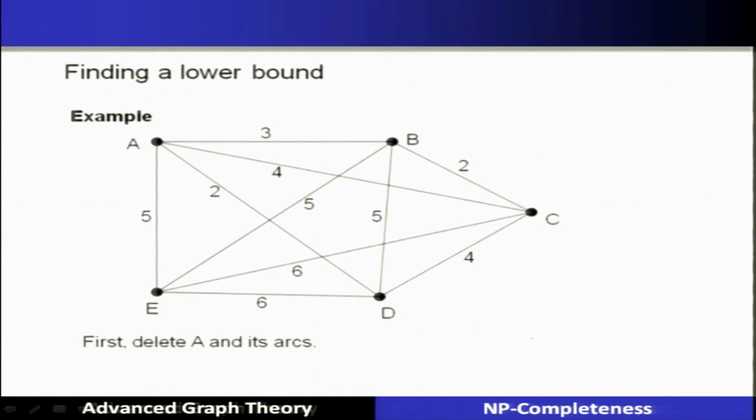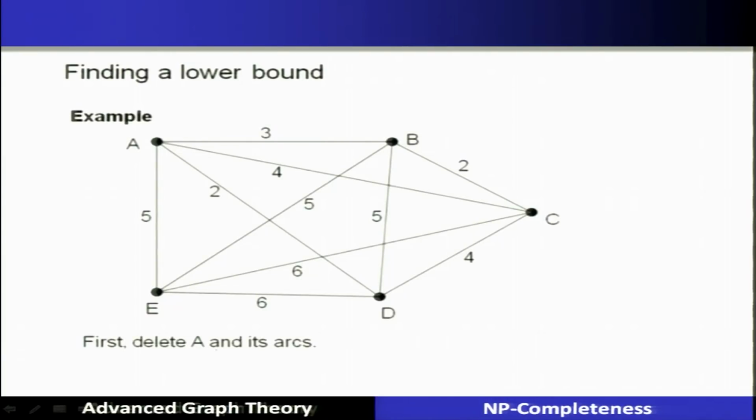Let us take this particular example to understand the lower bound computation for a traveling salesman problem on a given graph with given weights. Now you see that this particular graph is a complete graph of 5 vertices.